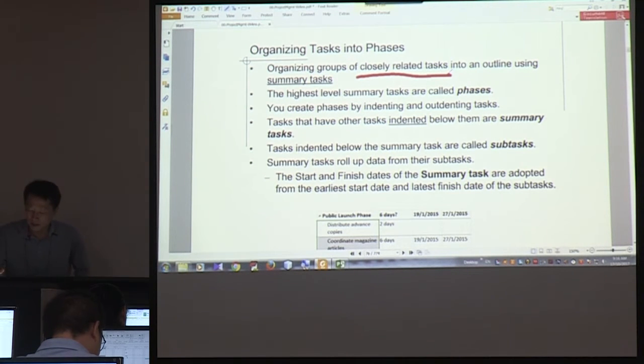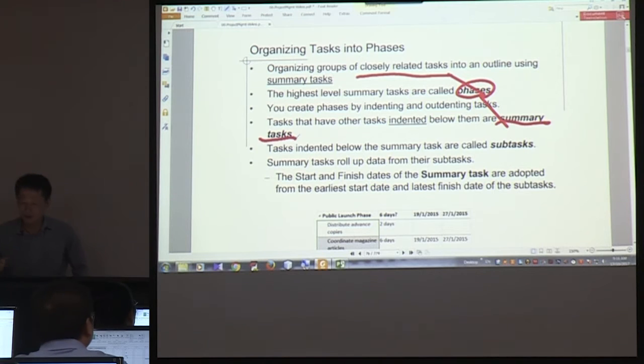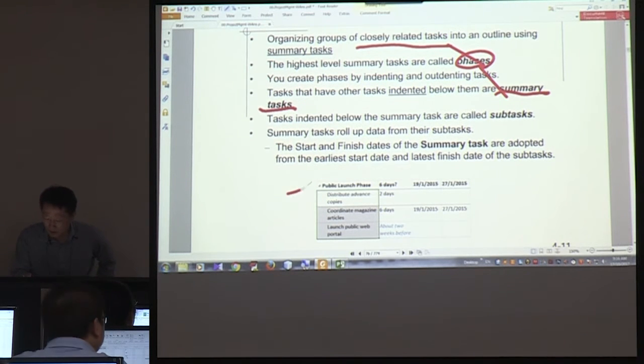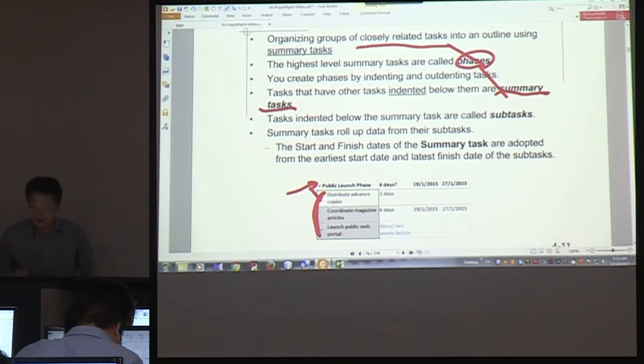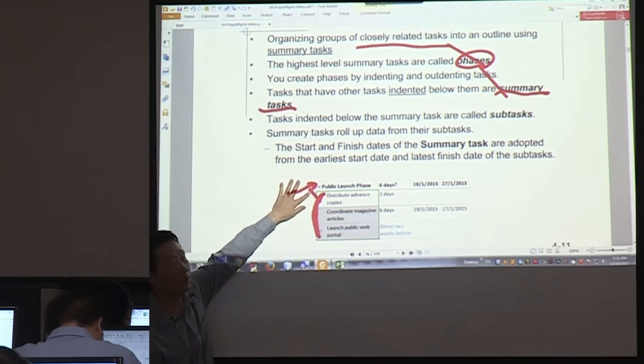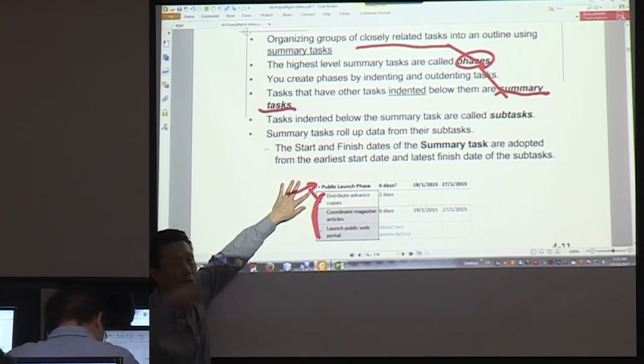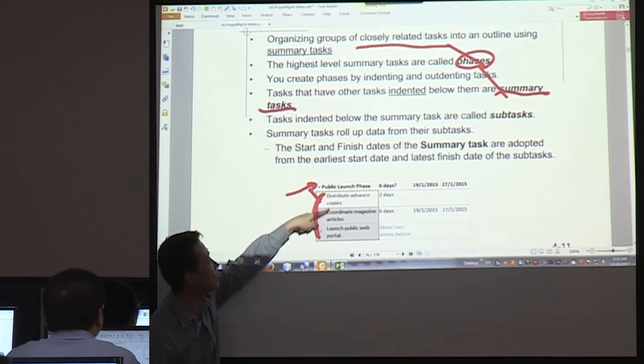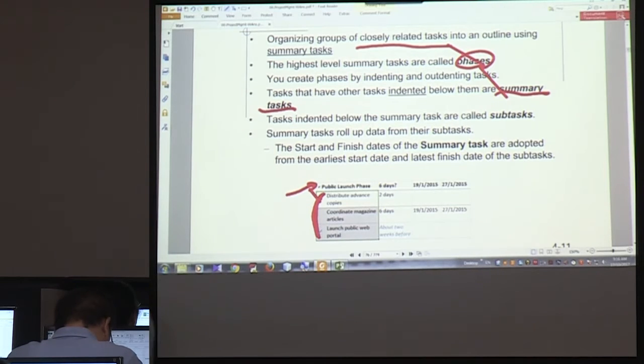So we call it a higher task, sometimes called a phase, or you can call it a summary task. Once you group them, this is the summary task, and these are subtasks under this summary task.